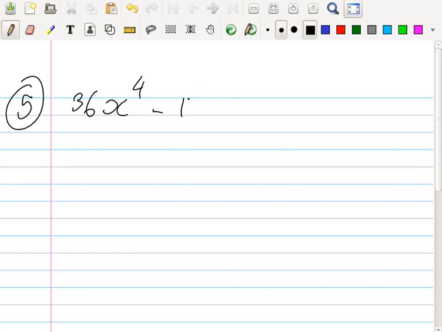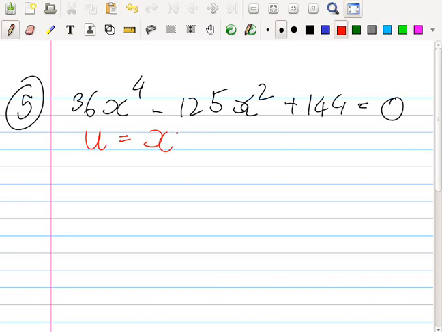36x^4 minus 125x^2 plus 144 equals 0. Oops, equals 0. Okay, so I gave you the hint in question 4, and it's the same hint for question 5. What you do is you let u equal x squared.